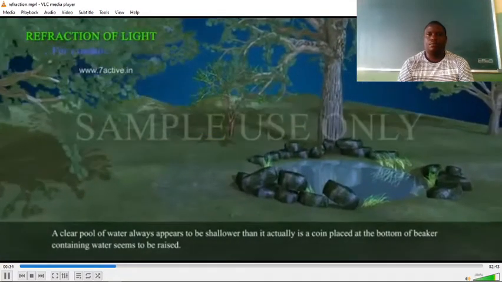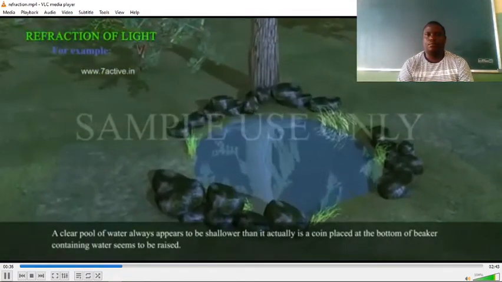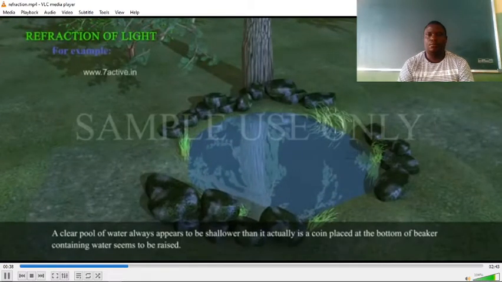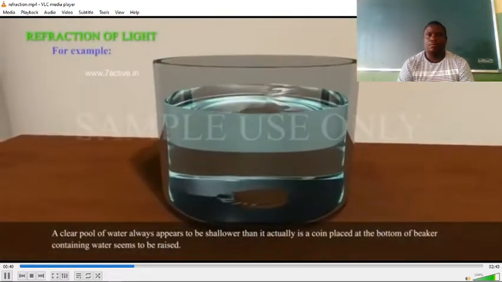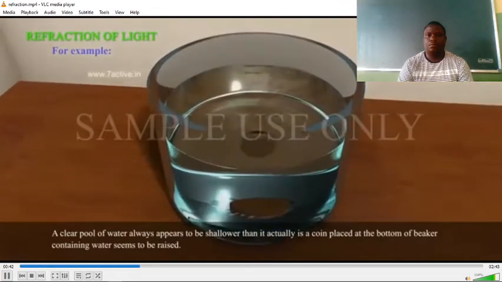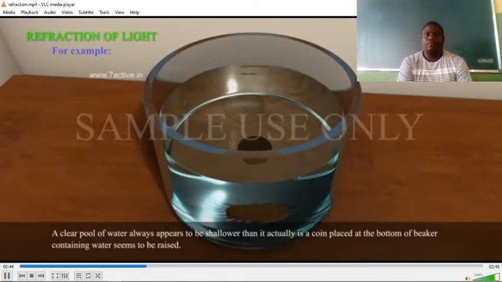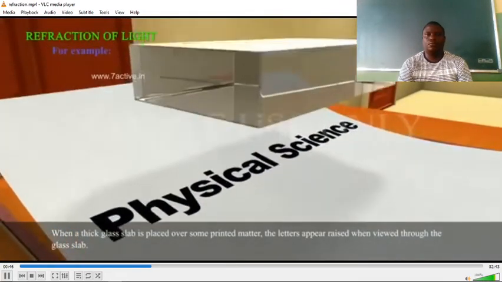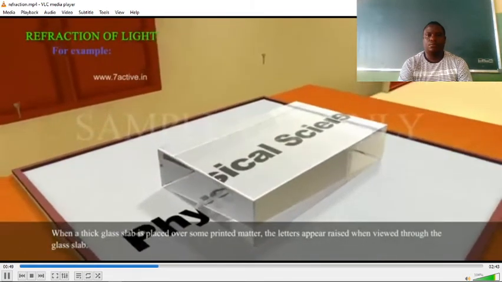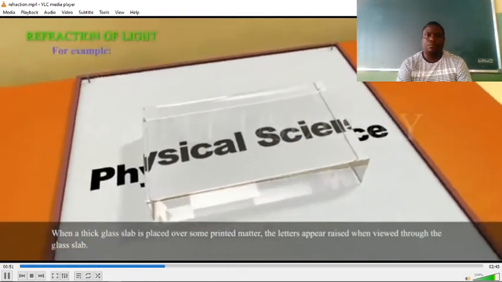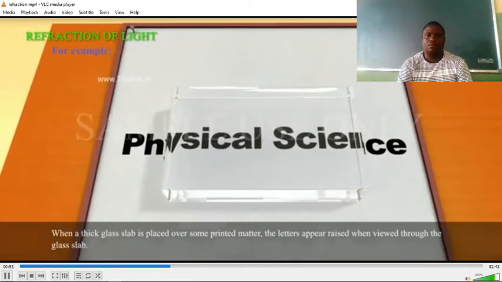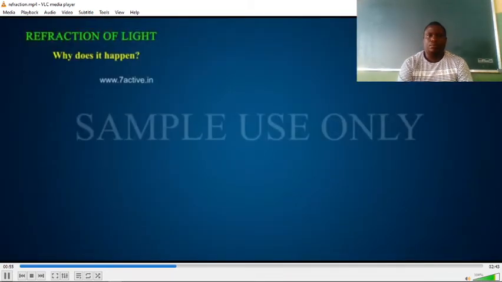A clear pool of water always appears shallower than it actually is. A coin placed at the bottom of a beaker containing water seems to be raised. When a thick glass slab is placed over some printed matter, the letters appear raised when viewed through the glass slab. Why does it happen?